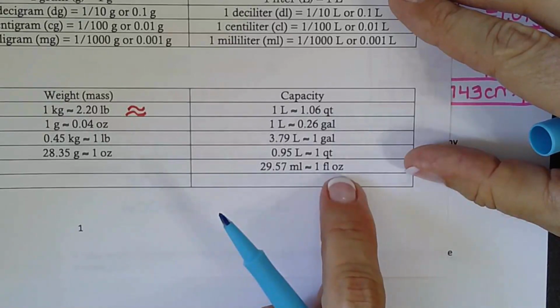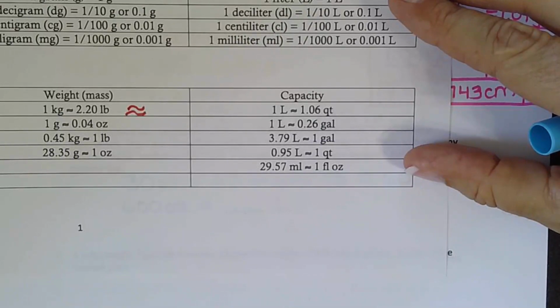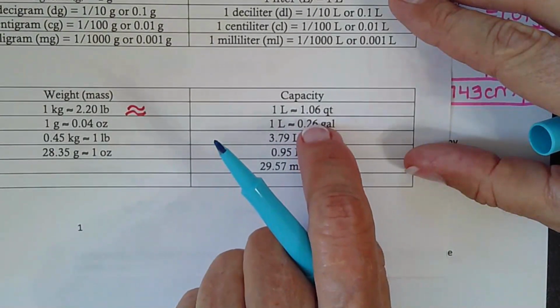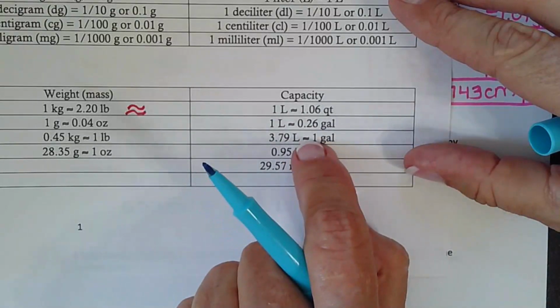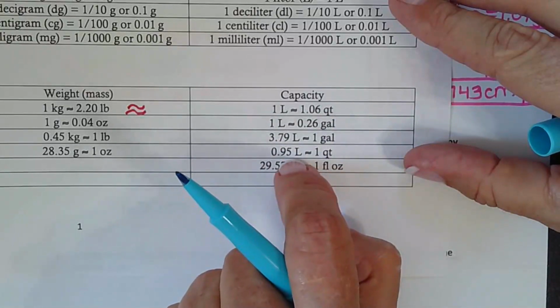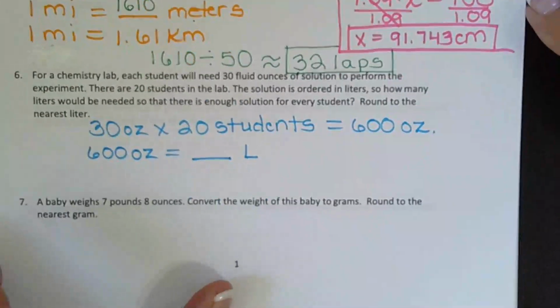So we're going to have to do ounces into either gallons or quarts in order to get it turned into a liter. So gallon to liter, quart to liter. This is a tough one actually. I thought it was easier than it really was.